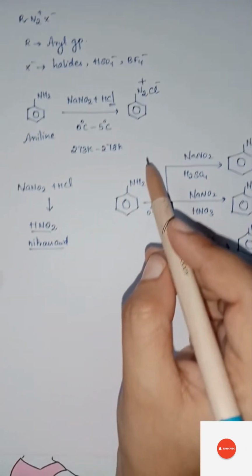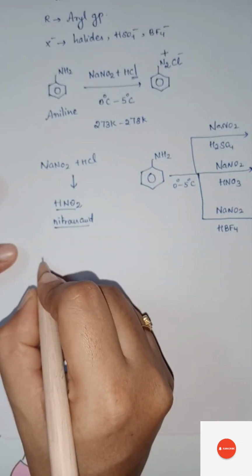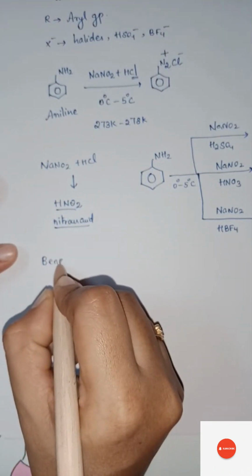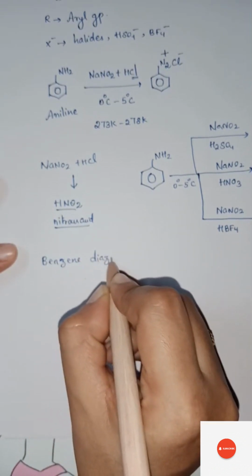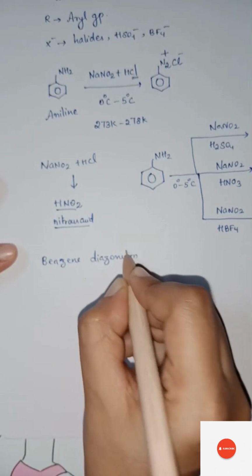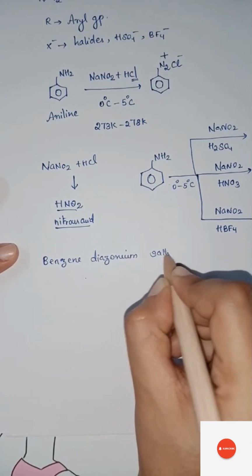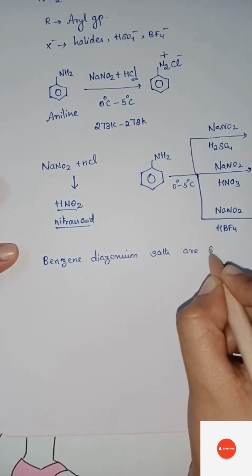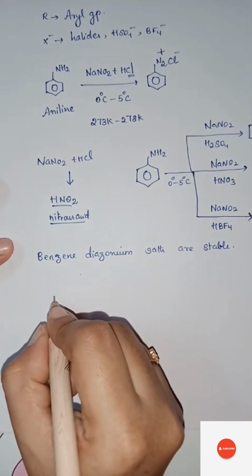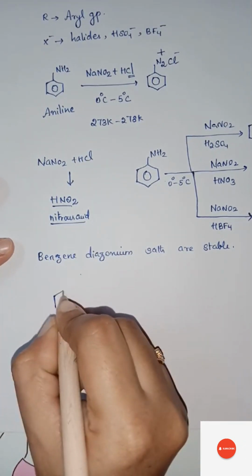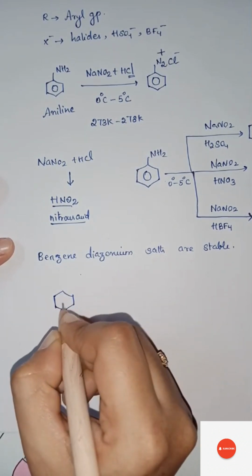And this benzene diazonium chloride is stable. Why is it stable? Do you know the reason? Because of the resonance factor.